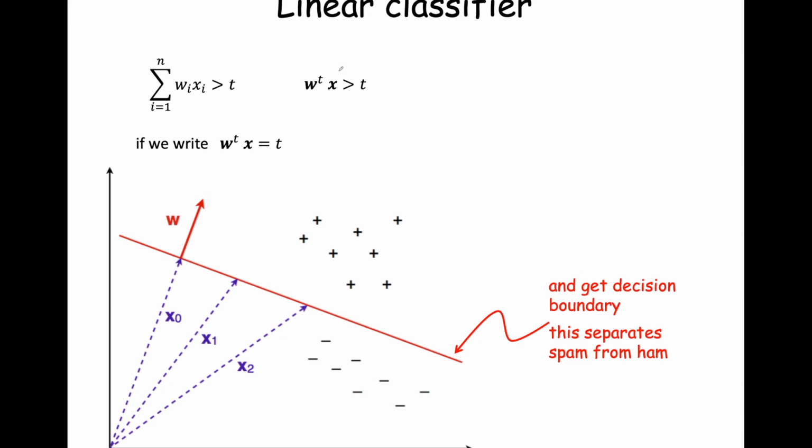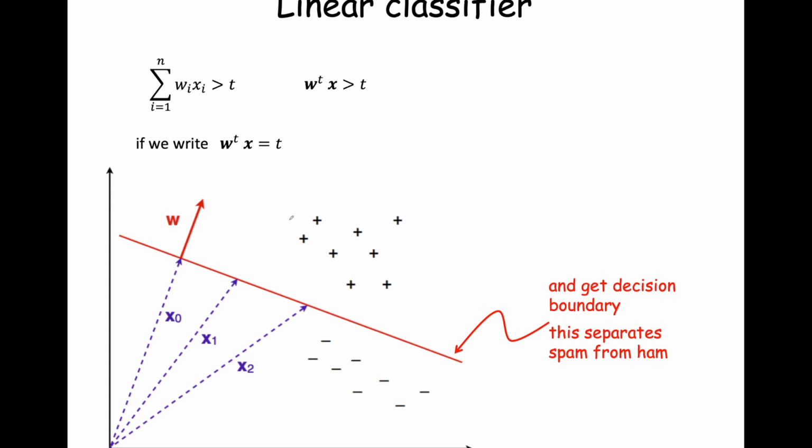And that decision boundary, if it were in two-dimensional feature space, where we have on one axis the first feature, the other axis the second feature, that decision boundary is a line on the plane separating the different points, where these points correspond to each email as described by its features x1 and x2.